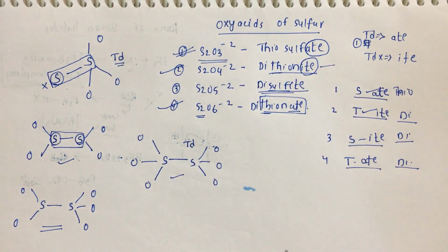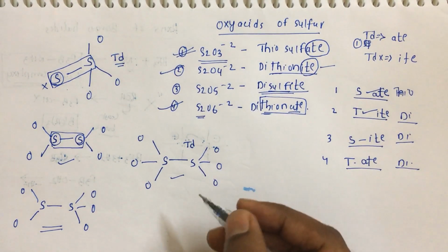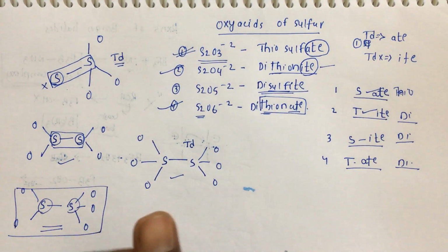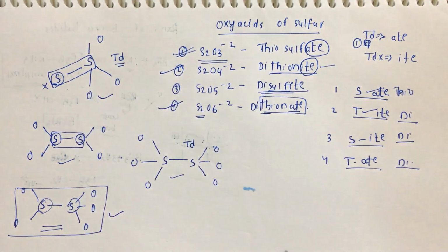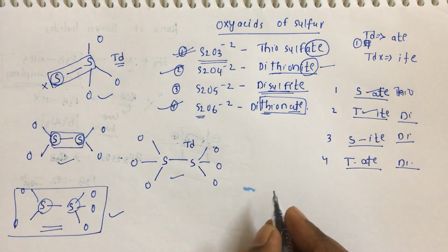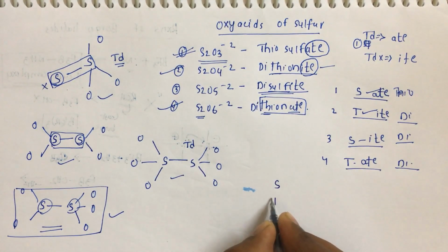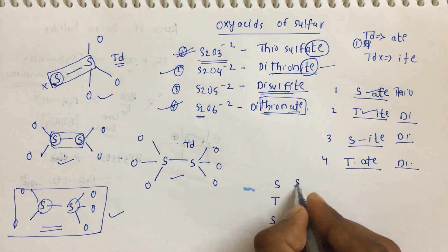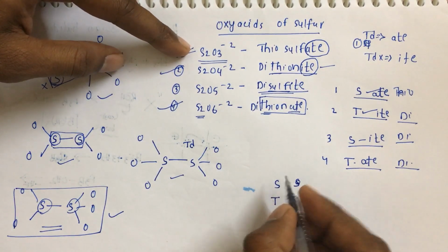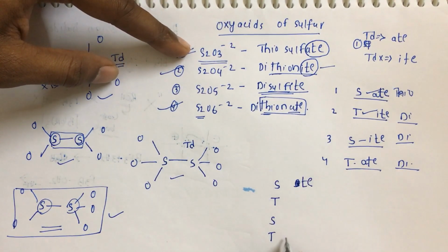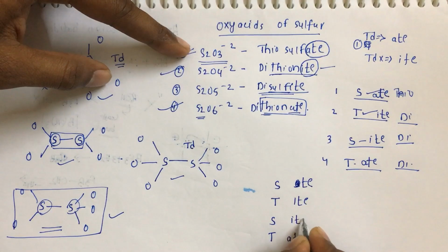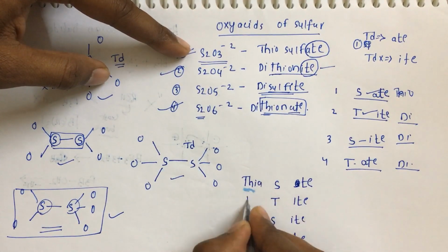So these are the 4 compounds. So they may ask this kind of examples, because here sulfur is not in the equivalent environment, and this is important and this is also important. Okay, like this you can remember. I hope it's clear. Just remember that sequence S T. Since in the first case it is a tetrahedral shape, the prefix thio is coming, and in the last one also the prefix thio is coming, so this is thio, and this is di.